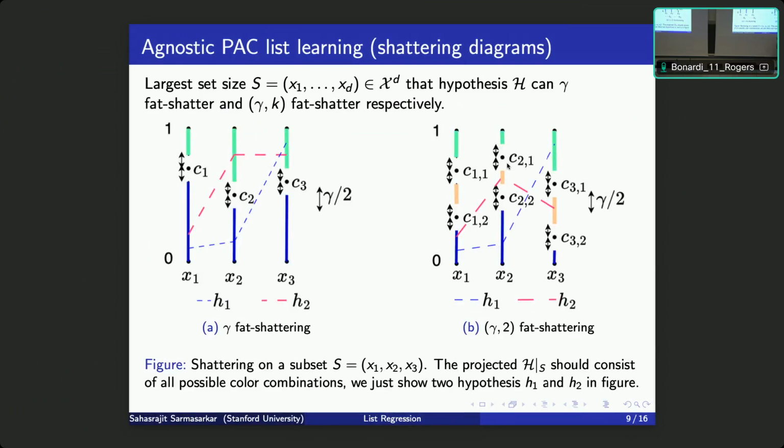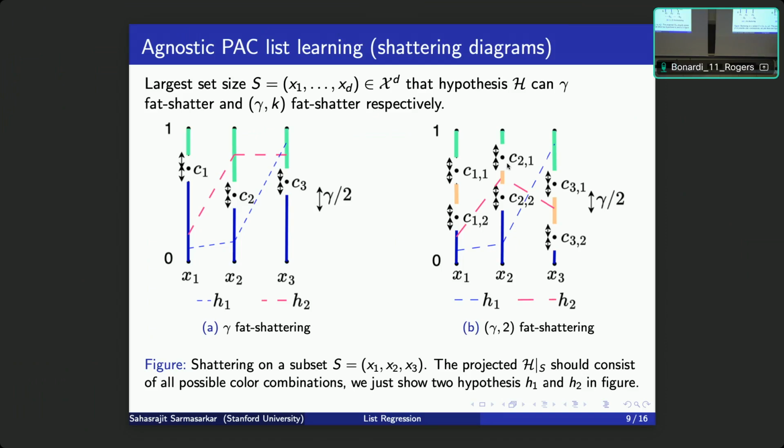In gamma 2 fast shattering, or gamma k fast shattering, we have two real numbers on each axis. So you have 3 colored labels along each vertical line, and you should have all possible color crossings. If you have all possible color crossings, then your hypothesis class is gamma 2 fast shattered on S. One can see that this is a very natural generalization of gamma fast shattering: for each vertical axis, for each x, you have 2 points.